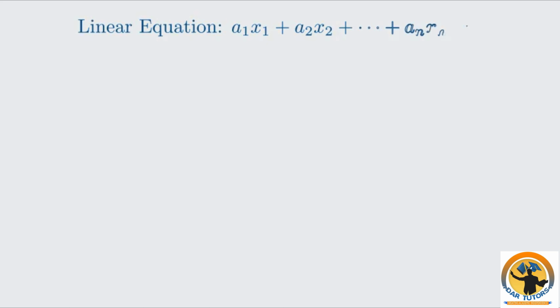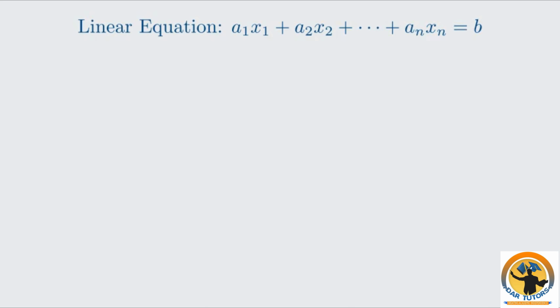Let's begin with the fundamental building block, the linear equation. A linear equation in n variables, x1 through xn, is an equation that can be written in the form a1x1 plus a2x2 and so on up to anxn equals b. Here, the a values and b are constants, and the key characteristic is that the variables are only raised to the power of 1.